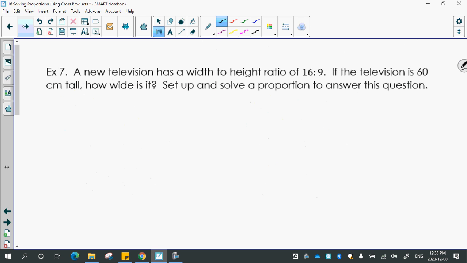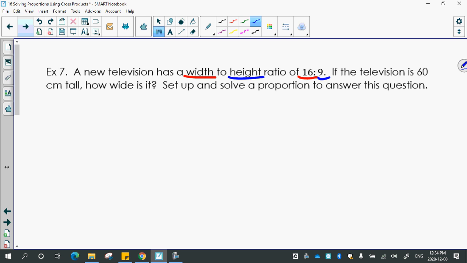All right, so here's an example of a problem that you could solve that we did this morning in lesson 15, and now we can do it using cross products easier. A new television has a width to height ratio of 16 to 9.